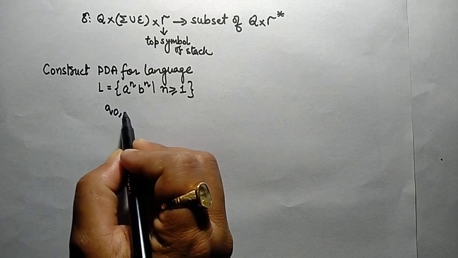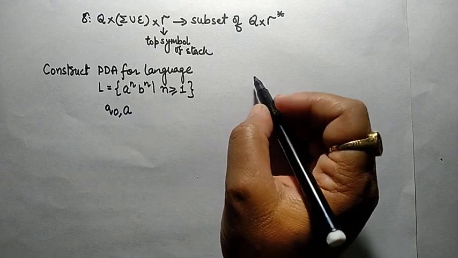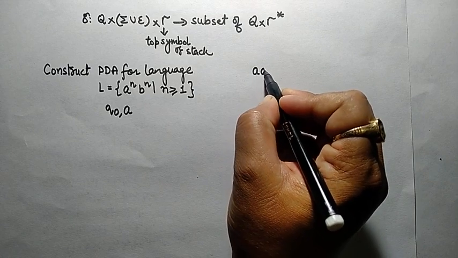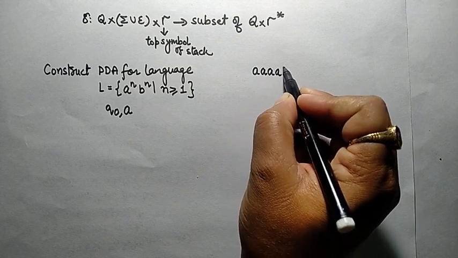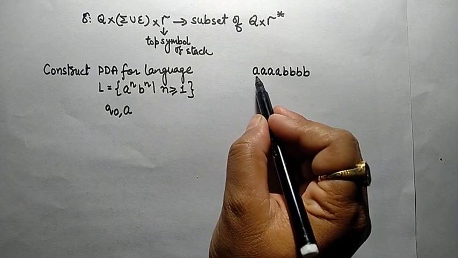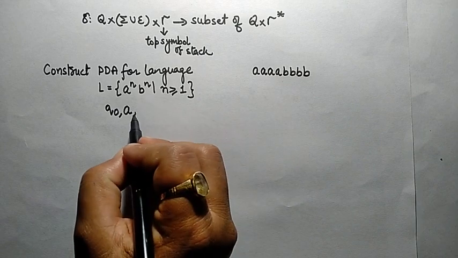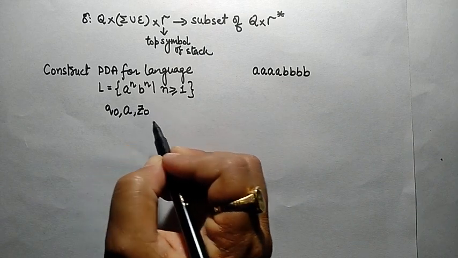Like in the initial state, we will read the first symbol A. Suppose I choose a general string, let's say 4 times A, 4 times B. First we will read this A symbol, and this A should be pushed into the stack. Initially the stack contains only Z0.